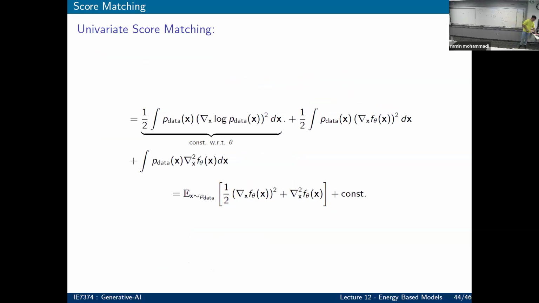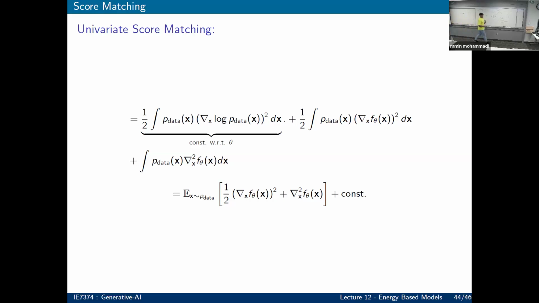All right. So the first term was constant, and this one we can write in this form. So it becomes the expected value, if I sample from my data, of this term plus this term. The first term is basically the Jacobian to the power of 2. The second term is a Hessian, right?